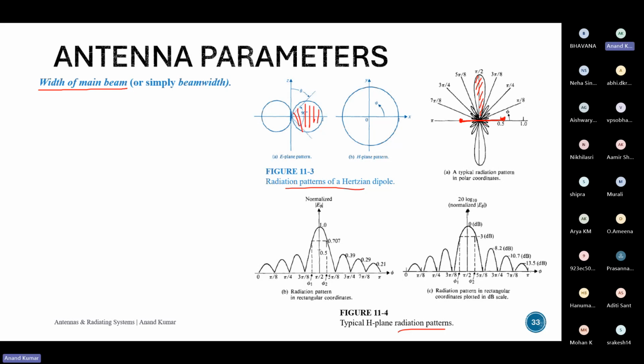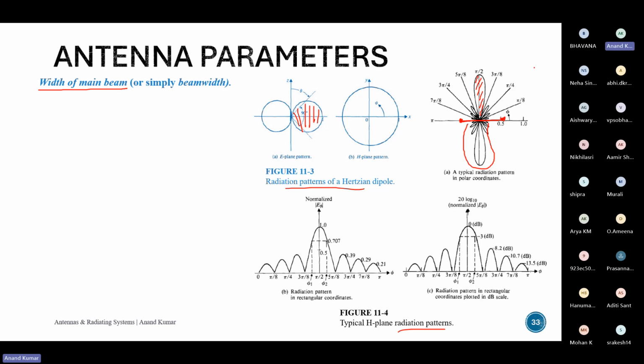Since these are examples of isotropic antennas, you will have the main beam in this direction only. The radiation patterns are usually symmetric, so we just ignore the lower half and focus on the upper half.